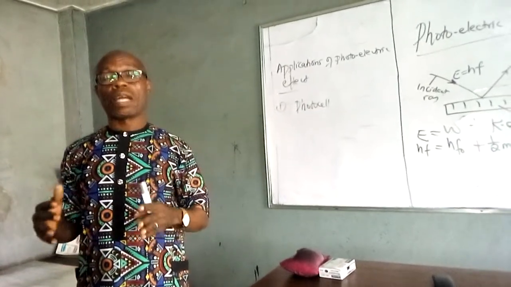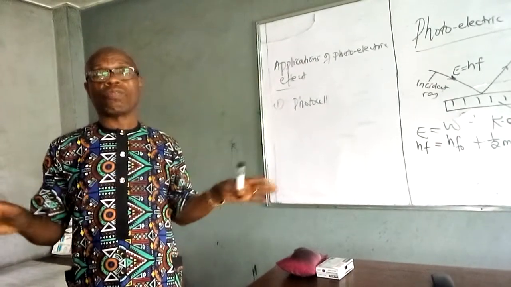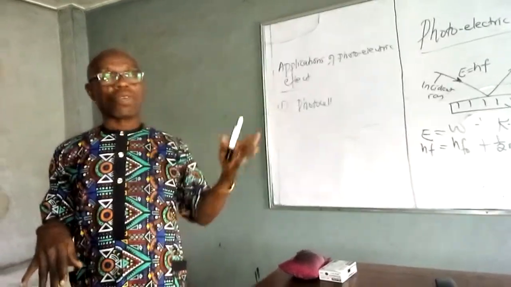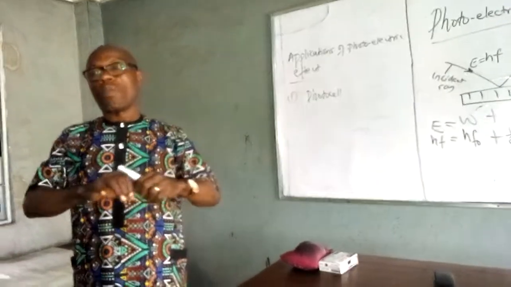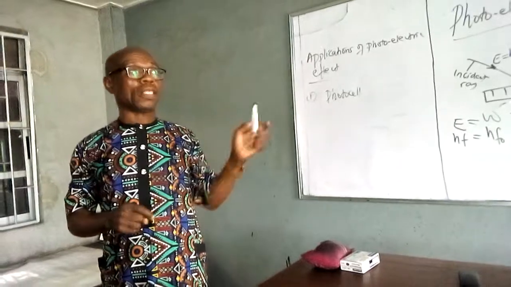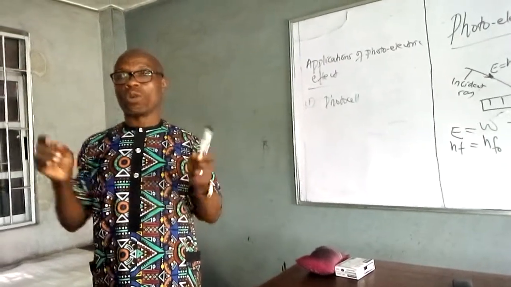There are some doors that, as you are walking close to the door, will on their own open for you to pass. If you are coming in and the door is closed, the door will open. Nobody touches it. It is this kind of circuit that controls it. So light is used to control such circuits. We also have it in a cathode ray tube.